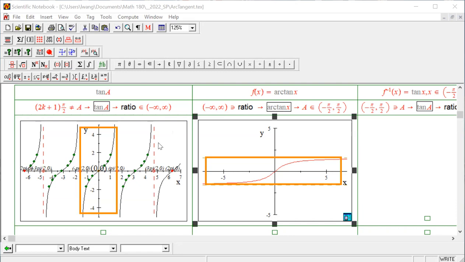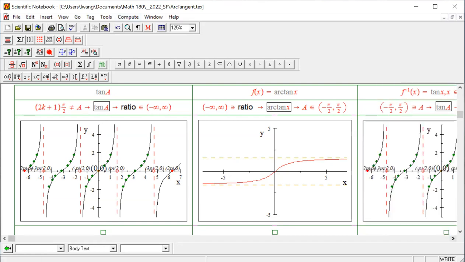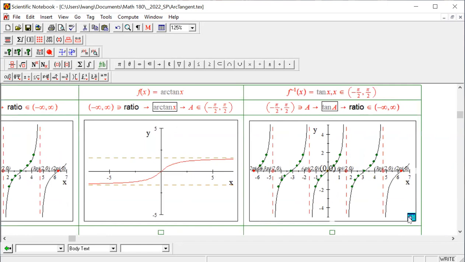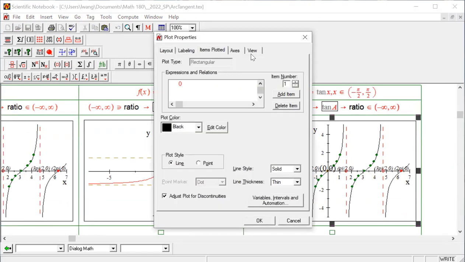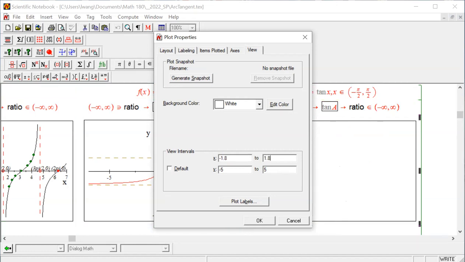So what I'm going to do is take this piece and shrink it. Just going to shrink it, make it 8.